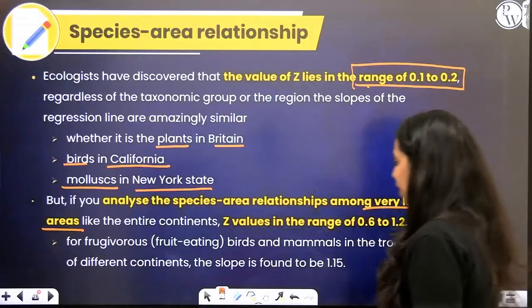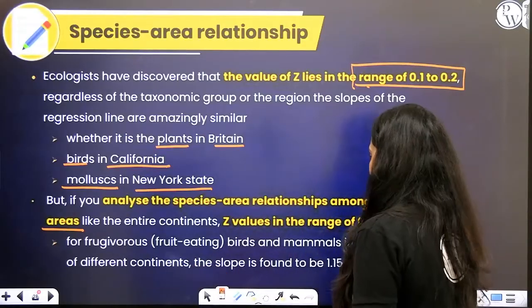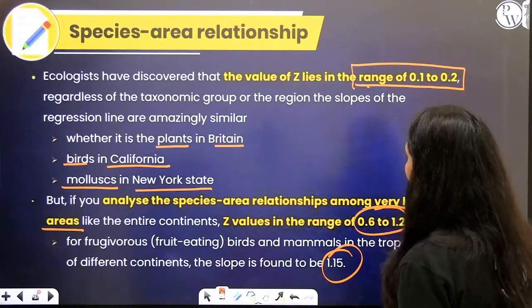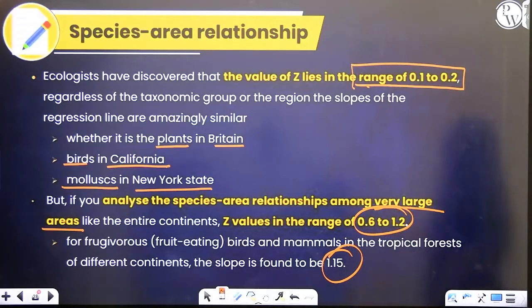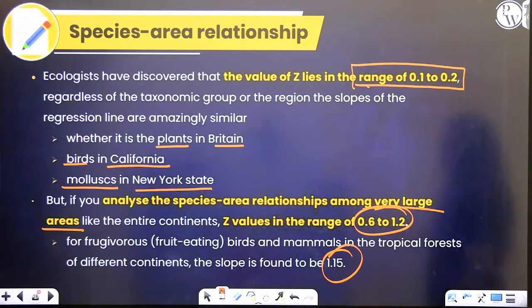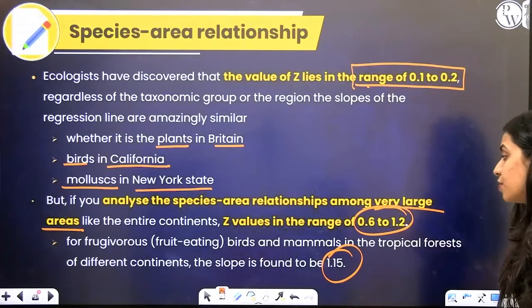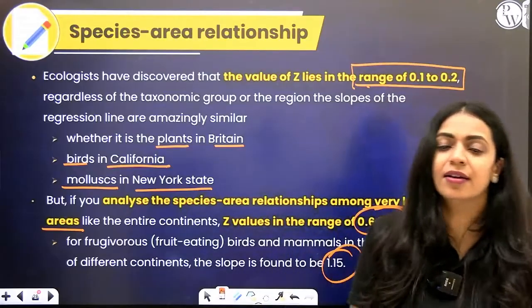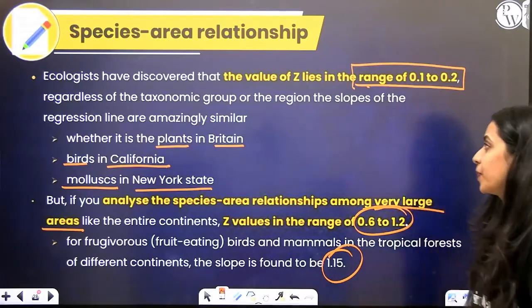Its value can be anywhere from 0.6 to 1.2. For example, if you consider the fruit-eating bats and birds and mammals in the tropical forest of different continents, the slope is found to be 1.15. Why is that? That's because you're considering an extremely large area, right?